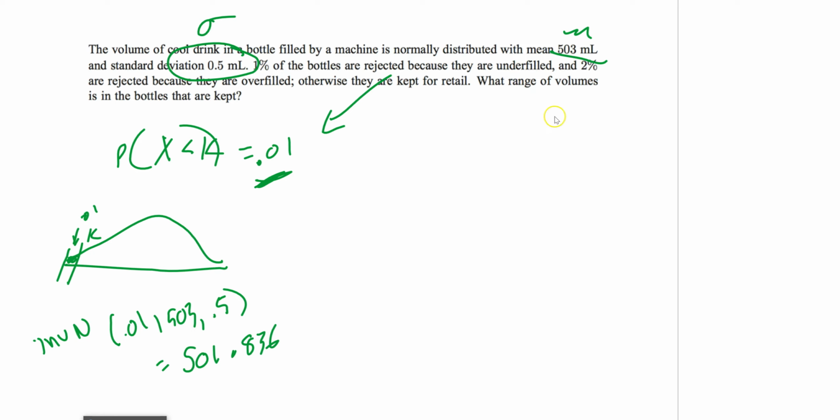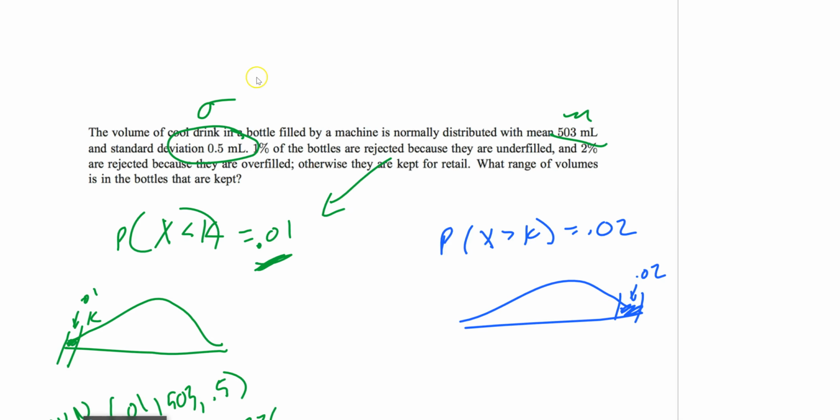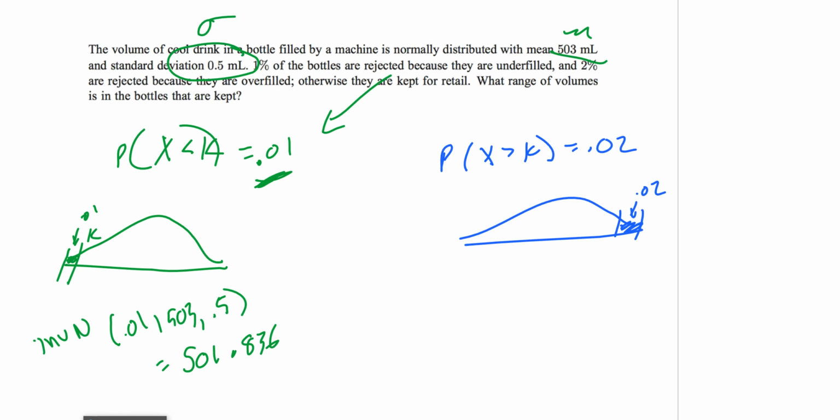Now the higher end on this side, right? So now they're saying overfilled. So that's greater than. So if you're greater than some value K, you're overfilled. That's 0.02. Right? Same idea. We draw it. Now it's overfilled, greater than, so I'm showing on the right hand side. So it's only like a small portion right there. That's 0.02. But as we've been doing all video, you can't, when you do invert normal, you can't do that.